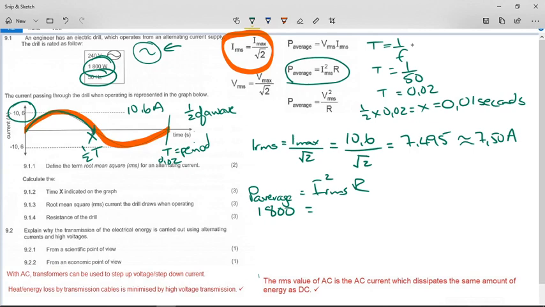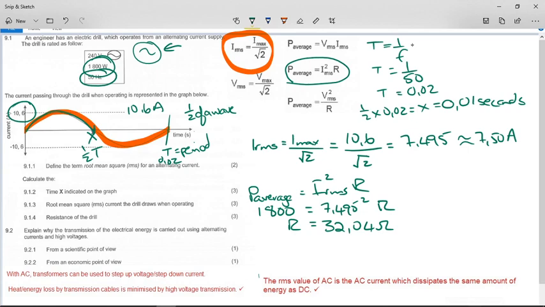So you have to do this exactly as it is on the alternating current section of the data sheet. Okay, so if you then work this out by algebra, 1800 divided by 7,495 squared. If you've used 7,495, you will get 32,04 ohms. If you've just used 7,50, you will get exactly 32 ohms as the resistance of the drill. You can also work it out using the voltage, but I prefer to work it out using the current off the graph.